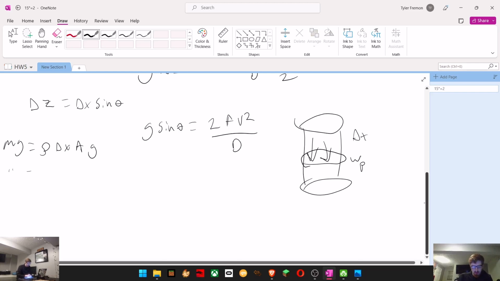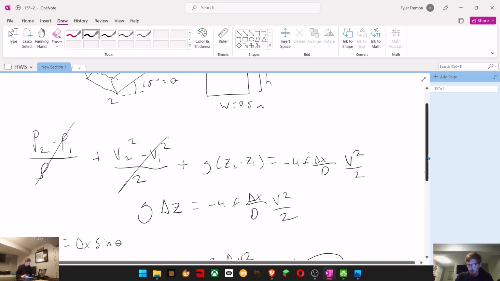And then that is also going to be equal to our shear stress times the wetted perimeter of the pipe, times our length of the pipe. So we can cancel out these delta x's and then divide across by the area, and we're left with rho g equals our shear stress times our wetted perimeter over our cross-sectional area.